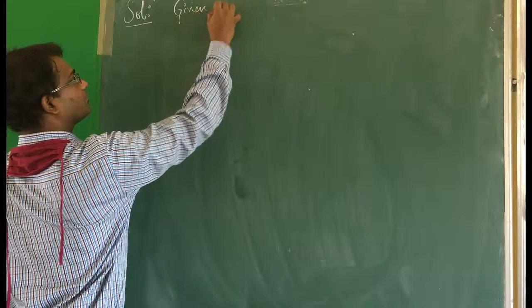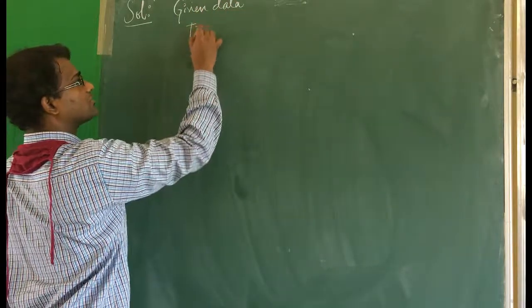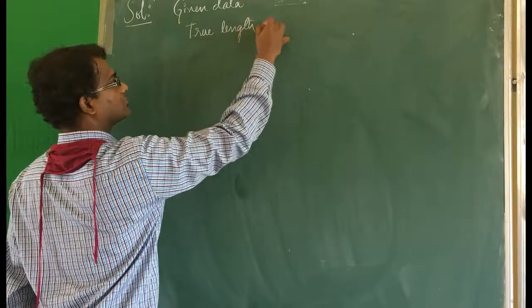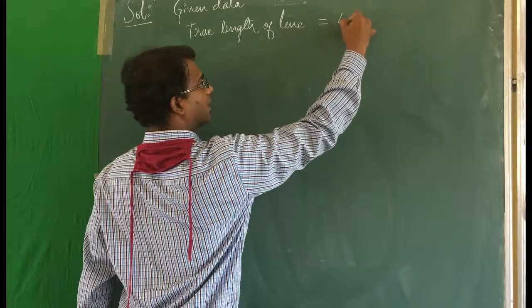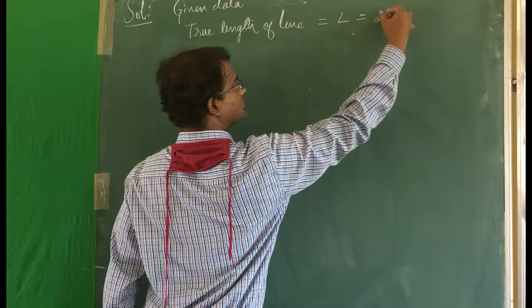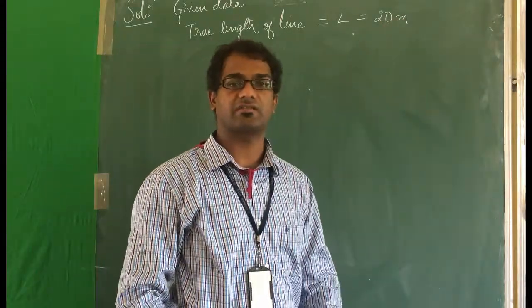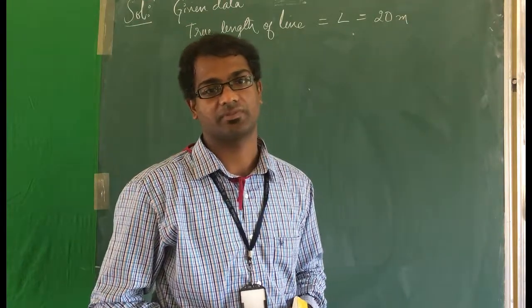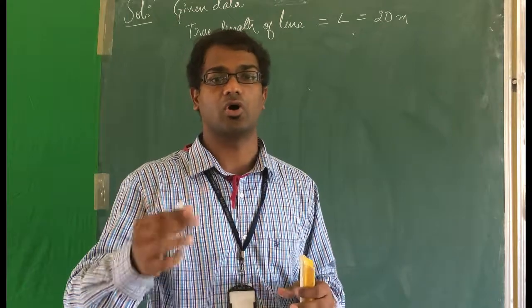Given data: true length of chain is L equals 20 meters. In the question, it has been given that there is an error in the chain, and the error is that it is 3 centimeters too long.